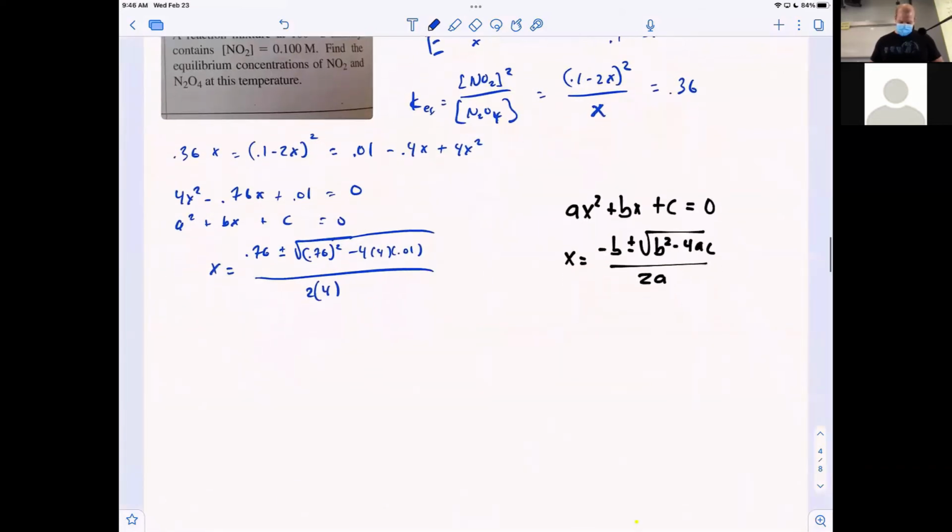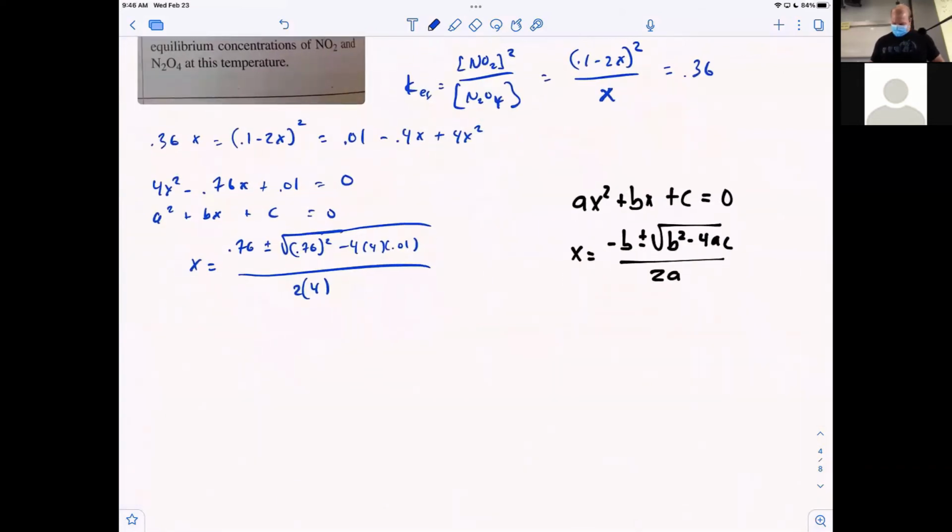So you do that, and I'm going to skip ahead. x equals 0.176 or 0.014.